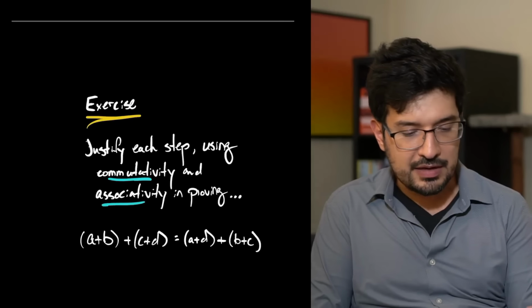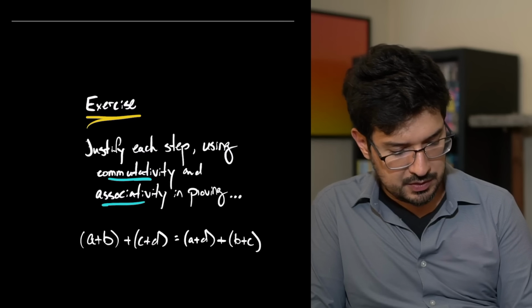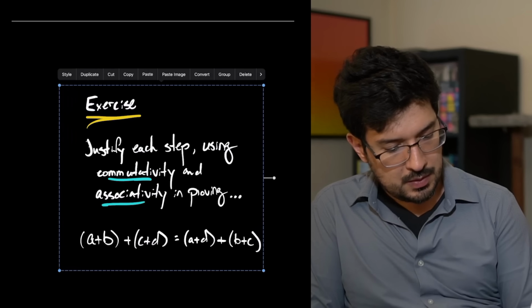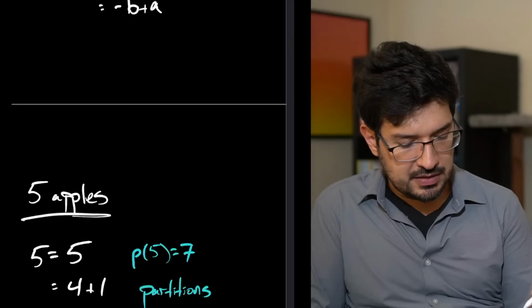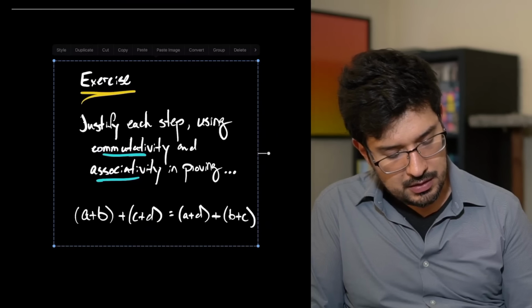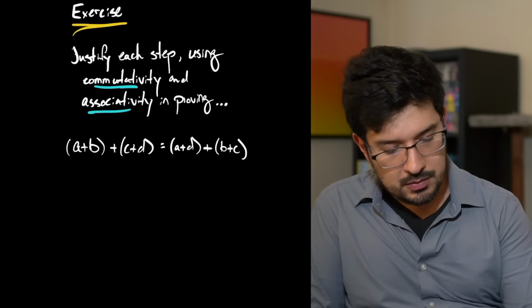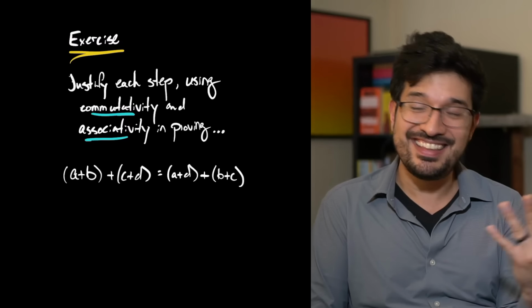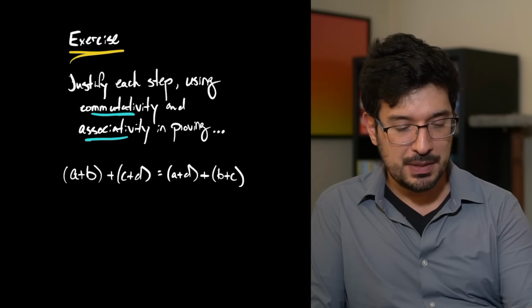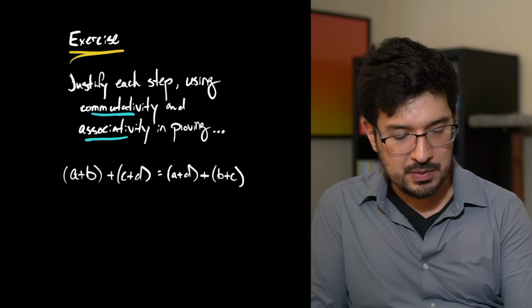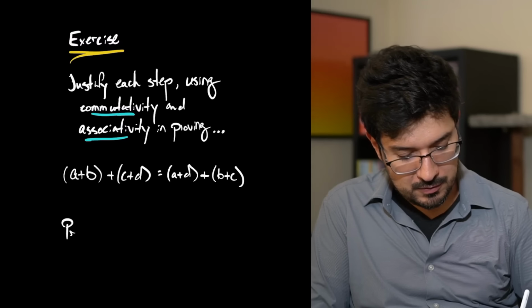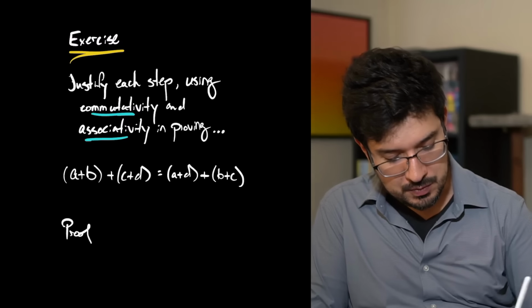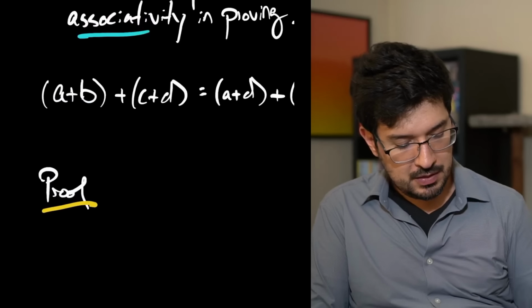Okay, so let's see. First, let's work this exercise. Why don't we do this exercise? I'm going to do it at the very end, so I definitely have enough space. So we're also assuming that these are numbers. It doesn't yet say A, B, C, and D are numbers, but I think that we can assume that. All right, so proof.